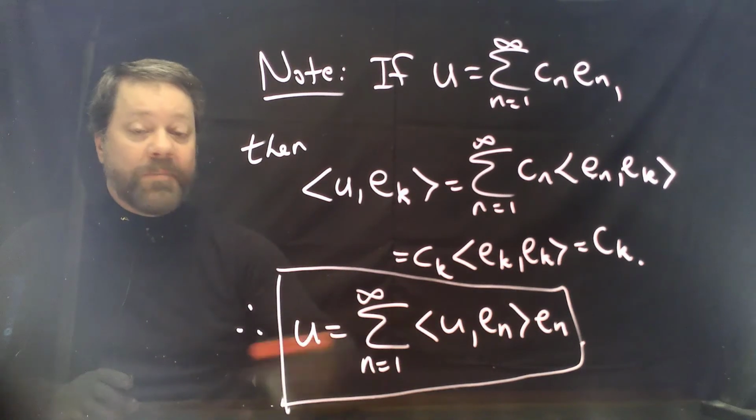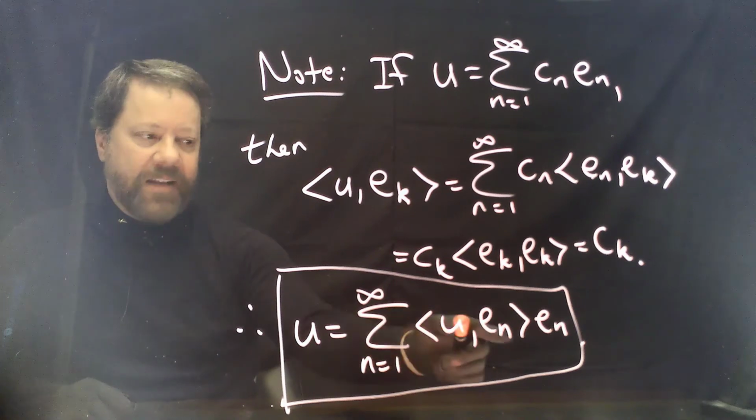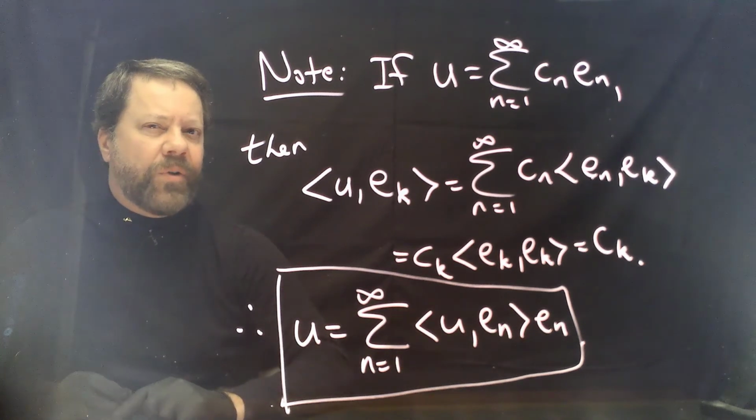This gives us a simplified way of constructing a vector u in these orthogonal directions once we have an orthonormal Schauder basis.